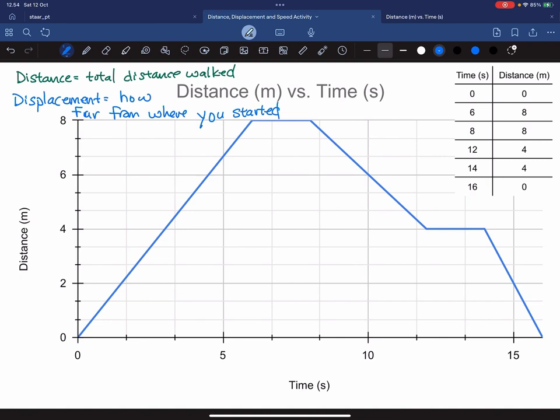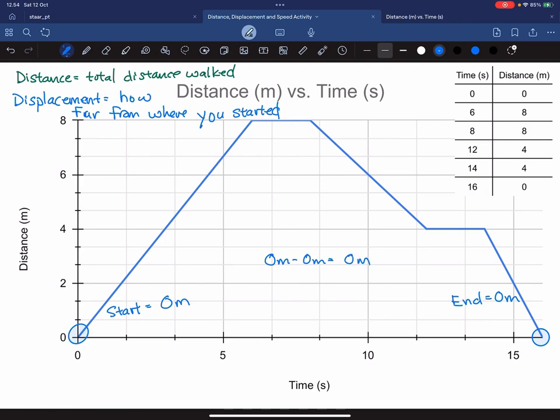And if you're looking at displacement, the only thing you ever have to look at is where did you start? So that's your start. That is at 0 meters. Where did you end? Zero meters. So you started at 0 meters, you ended at 0 meters. 0 meters minus 0 meters is, of course, equal to 0 meters.